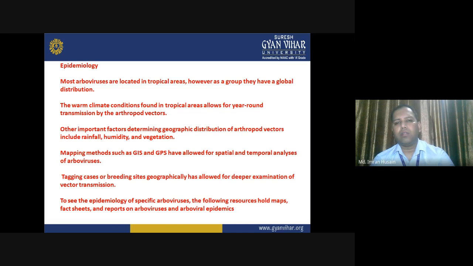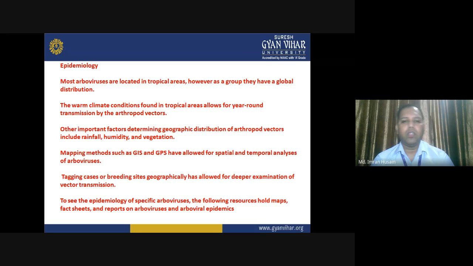Other important factors that determine the geographic distribution of arthropod vectors include rainfall, humidity, and vegetation. Mapping methods such as GIS and GPS have allowed for spatial and temporal analysis of arbovirus.